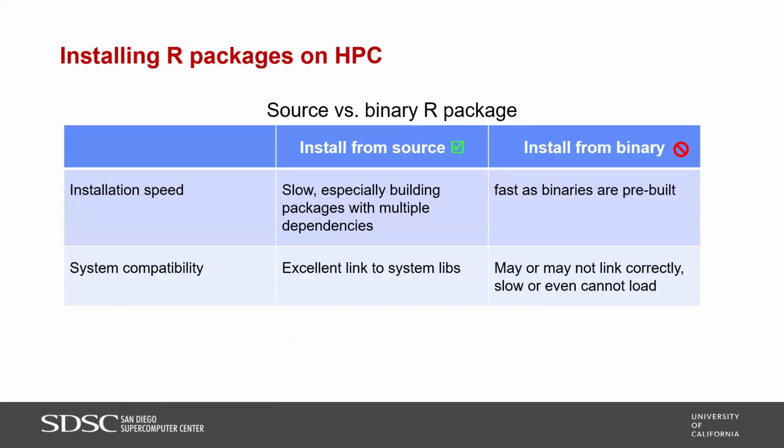So why does this matter? Let's do a quick comparison between the source and the binary R packages. If you install from source, the compilation takes time, so the installation process is slow. This is particularly true when you're building packages with multiple dependencies.